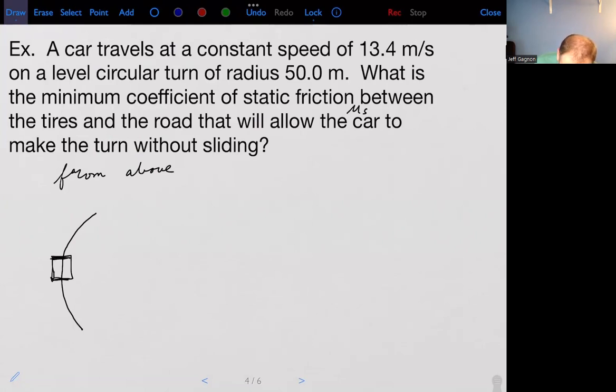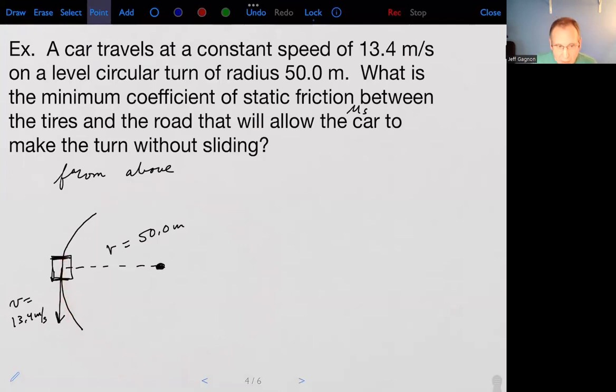And we know that this radius, from the center of the circle, is r, which is 50.0 meters. And we also know the velocity; let's say it's moving counterclockwise. So at the instant, it has a velocity, a speed, which is straight down, of 13.4 meters per second. And this car is going to travel around the circle at that speed.